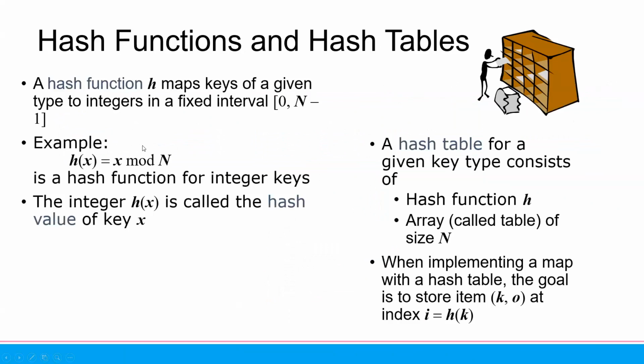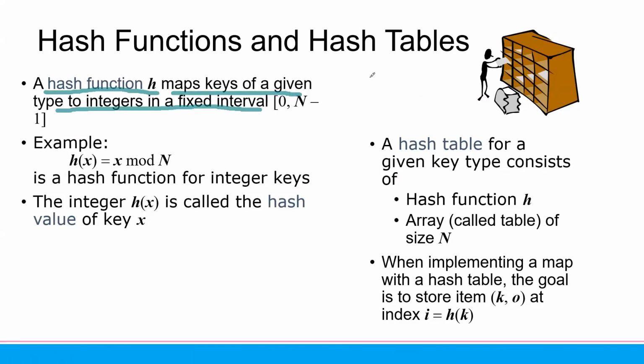So we can have a kind of function, which maps what you already have into an integer. This is the hash function. It maps keys of a given type to integers in a fixed interval.